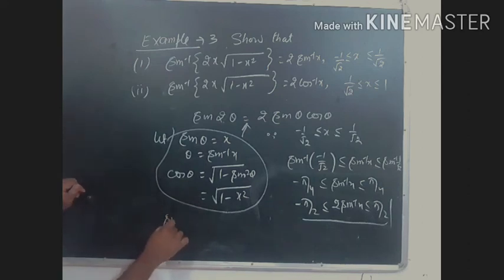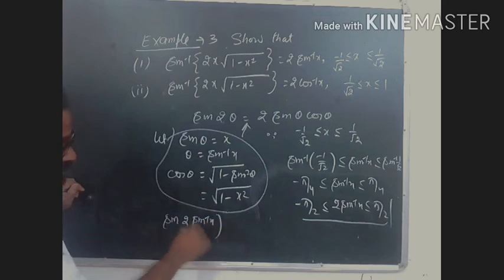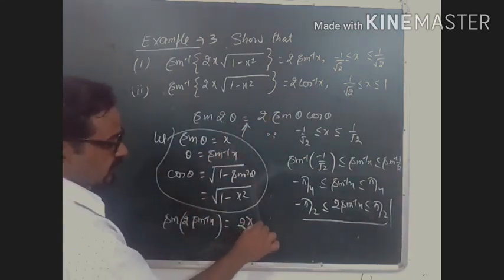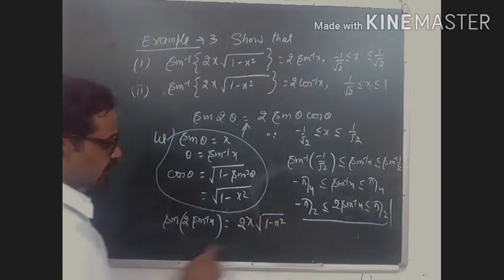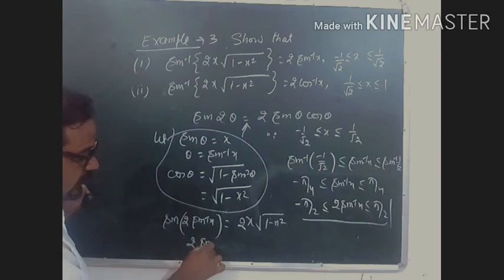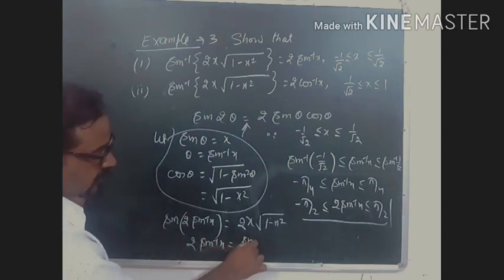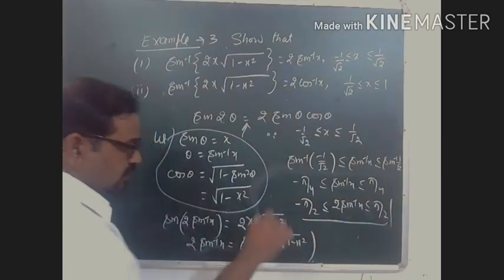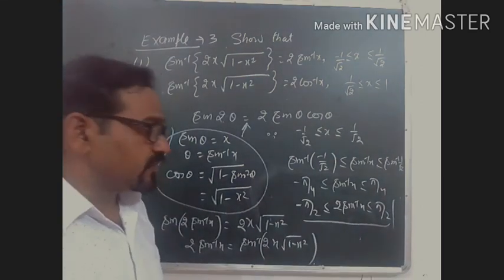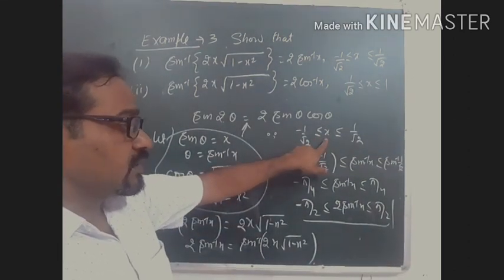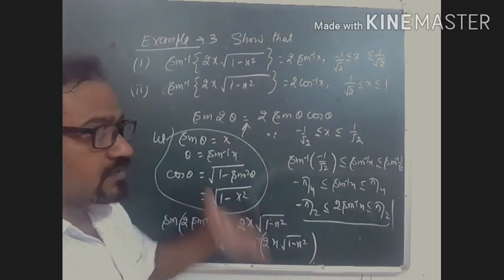Then sin 2 theta equals 2 sin theta cos theta, where sin theta is x and cos theta is root 1 minus x square. Now taking sin inverse on both sides, 2 sin inverse x equals sin inverse of 2x root 1 minus x square.